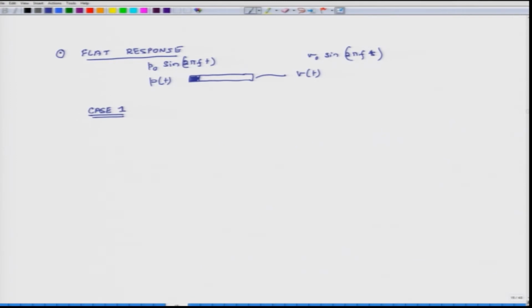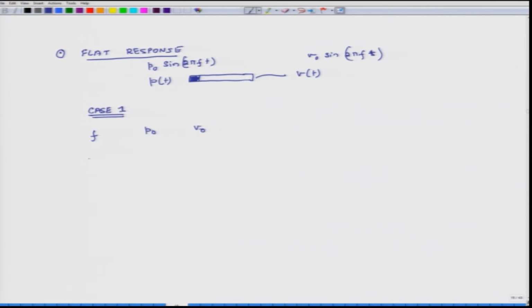Now I will make a table, case 1. I have two microphones, a good microphone and a bad microphone. A good microphone has a flat response and a bad microphone has a non-flat response, and I will show you how it will look. Suppose I excite, so I will make a table with F, P naught and V naught.